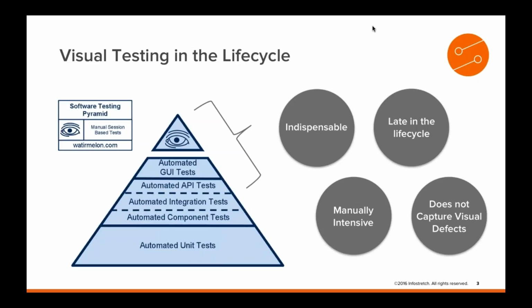And therefore, the cylinder phenomenon is there, where most companies still put a pretty heavy emphasis on automated GUI testing, right? And finally, the most important point that is actually relevant to our today's conversation is automated GUI tests in most cases are not very good at capturing visual deformities, right?